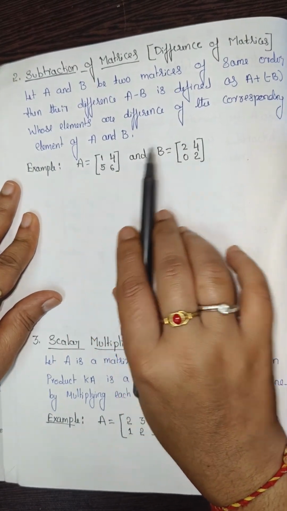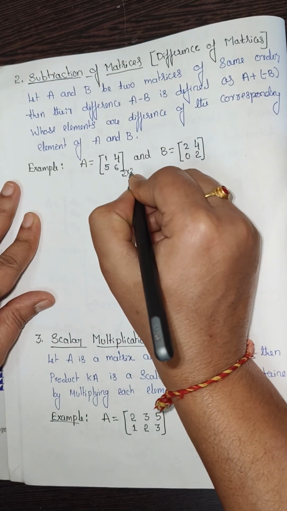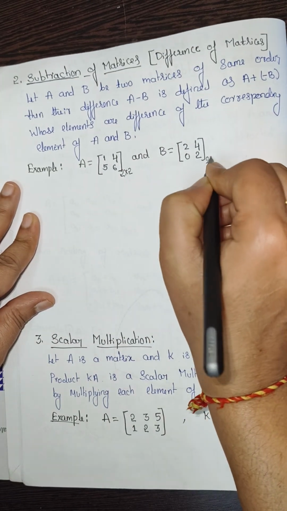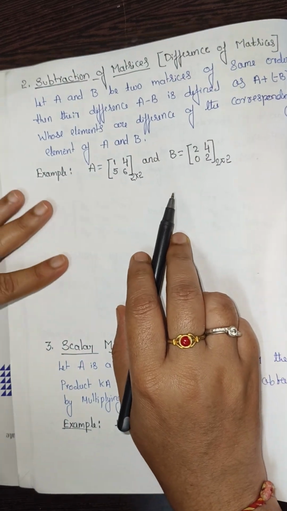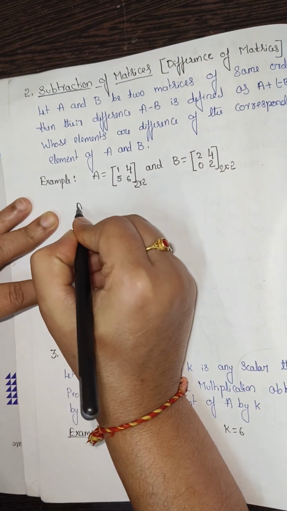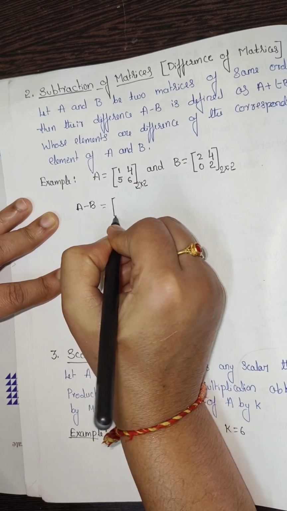A and B are two matrices, and it's compulsory that they be of the same order. It is a 2 by 2. We will see one example here with a 2 by 2 matrix. So A minus B.